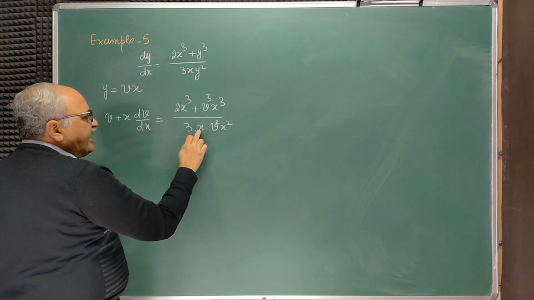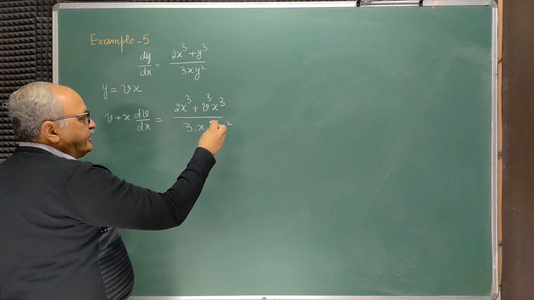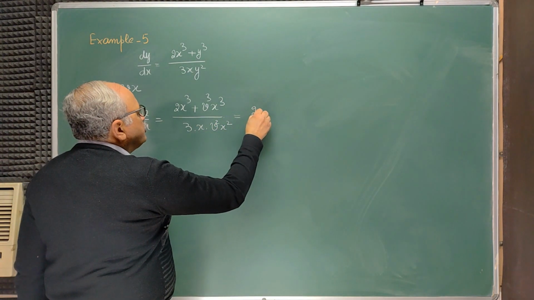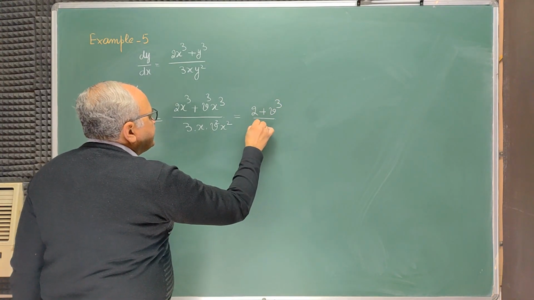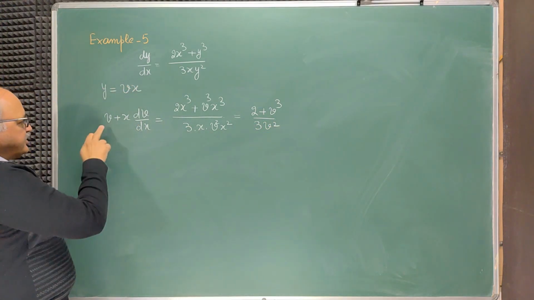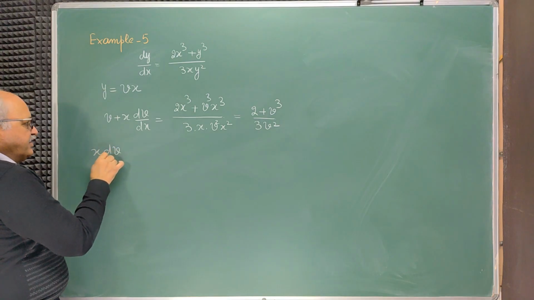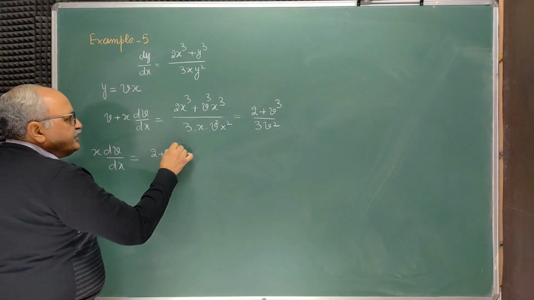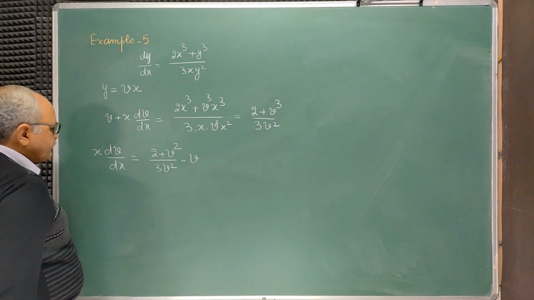So we can take the x cube common from the numerator and remove it against the denominator. So this now will give me 2 plus v cube divided by 3 v square. Now take this v on the right hand side and we have x dv by dx is equal to 2 plus v cube divided by 3v square minus v.